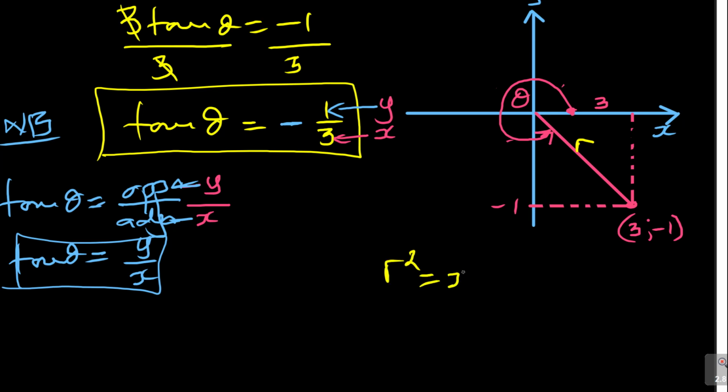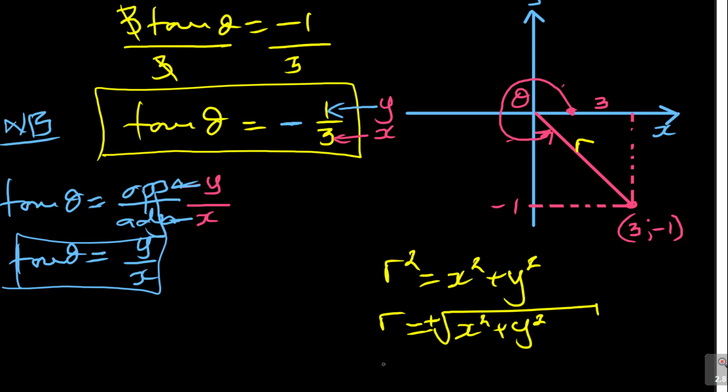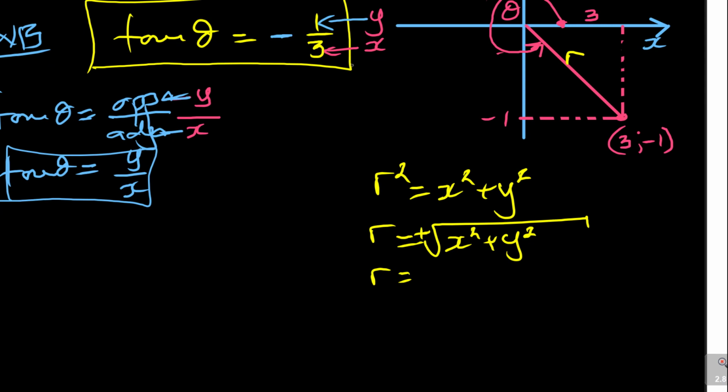r squared is x squared plus y squared, and then r is equal to the square root, you can say plus or minus if you want, square root of x squared plus y squared. But you know what your x is?